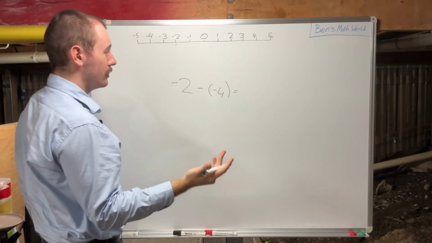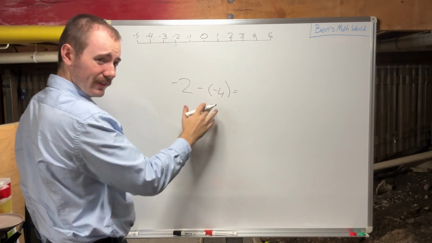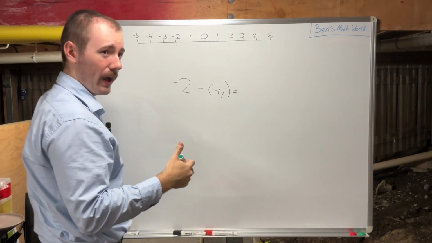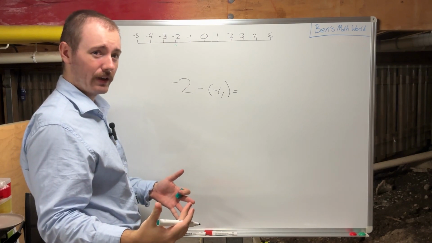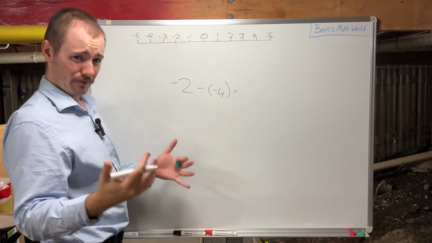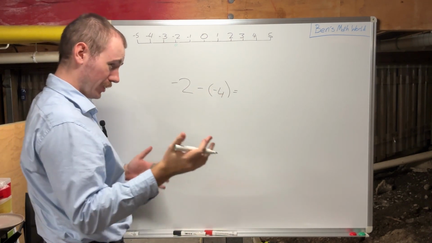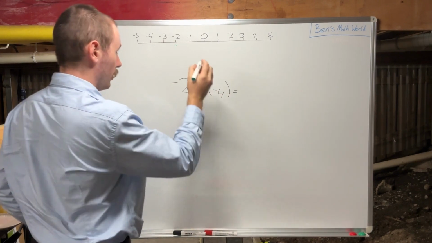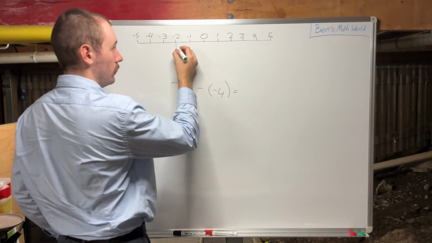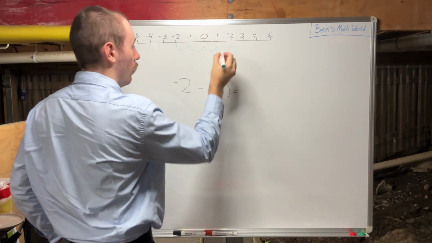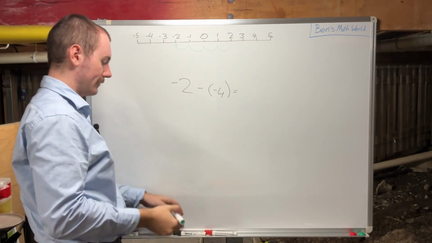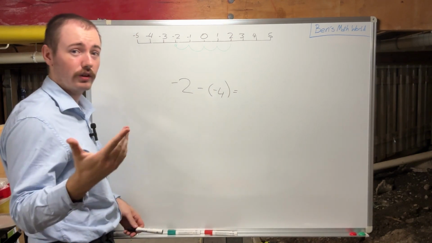And what does that mean? To minus -4? Well, if we take away a takeaway, we're going to add. These two negative signs actually make a positive. So we're going to move forward by 4: 1, 2, 3, 4. So -2 minus -4 will give us 2.